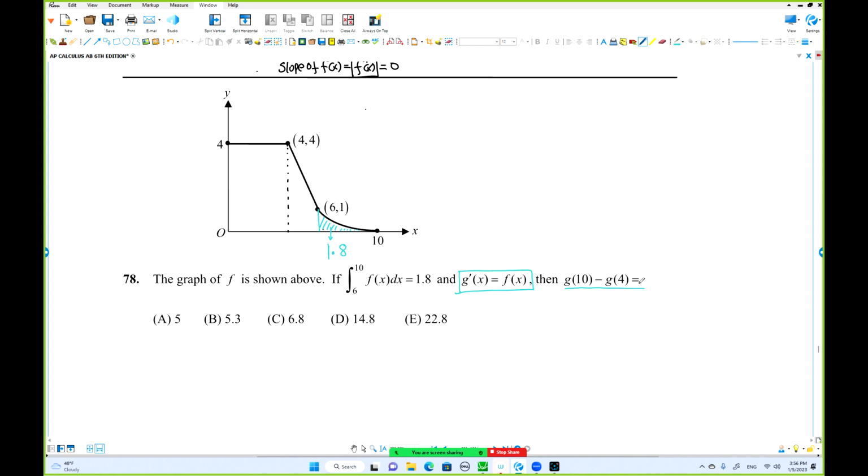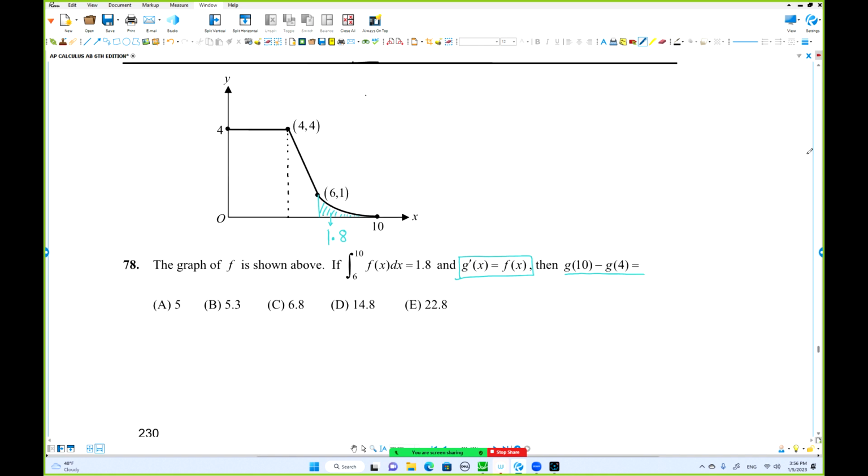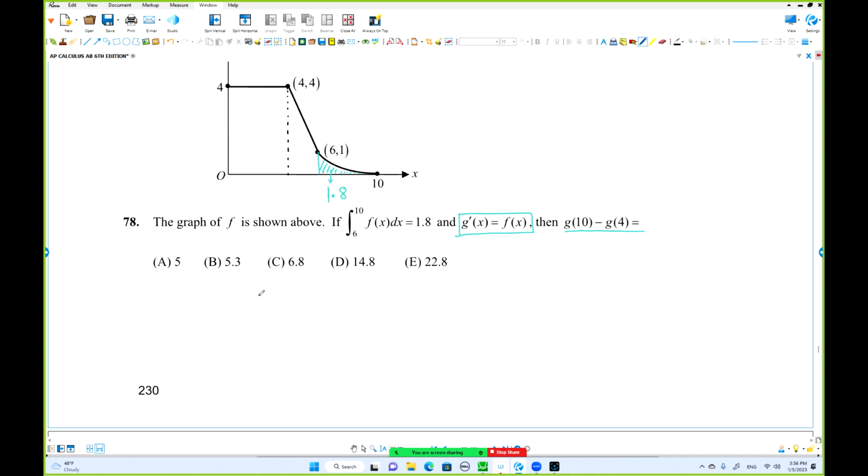How can you find this one? This is also the fundamental theorem of calculus. Do you remember this one? For g of 10, you're going to find the rate starting from g of 4 here. From g of 4, you add all the change of g prime from 4 to 10, g prime of x dx.